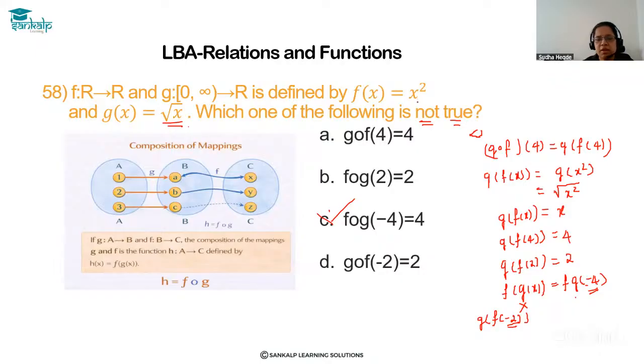Got the difference, right? Okay. So the option C, f composition g of minus 4 is equal to 4, is the correct answer, which is, the statement is not true. Got it right? Thank you.